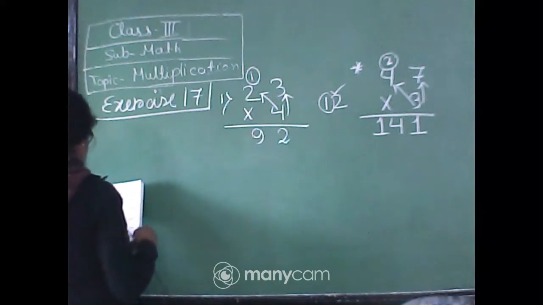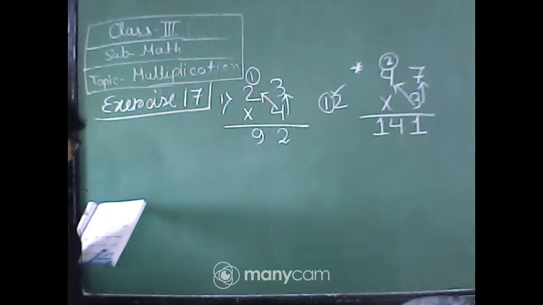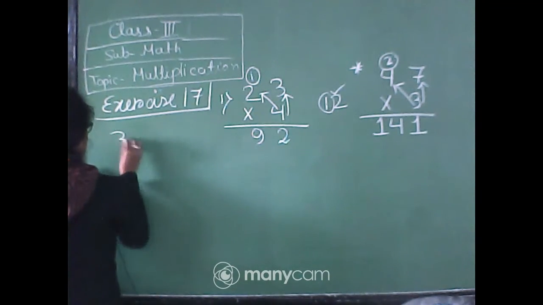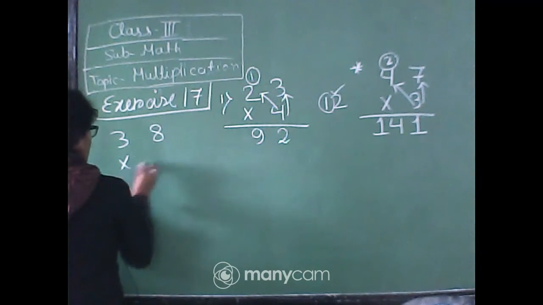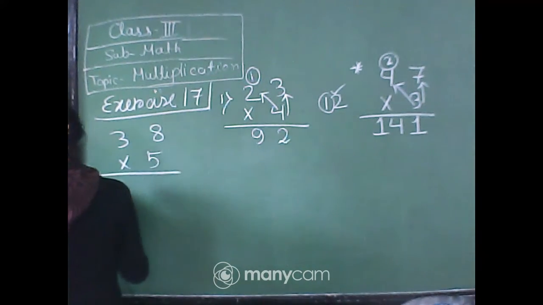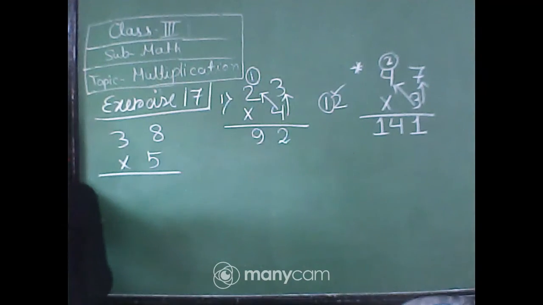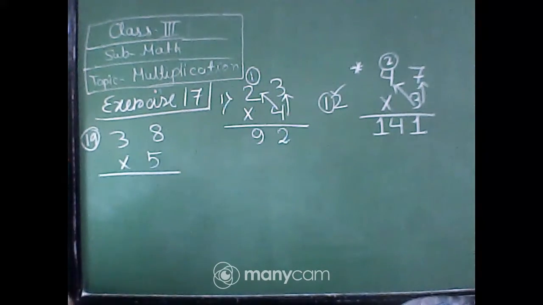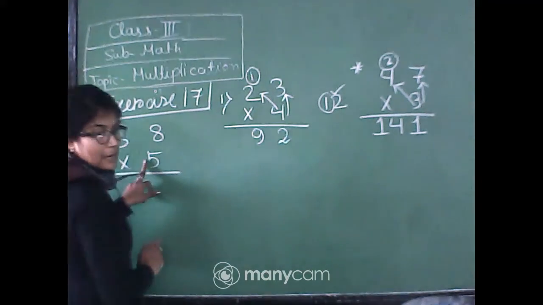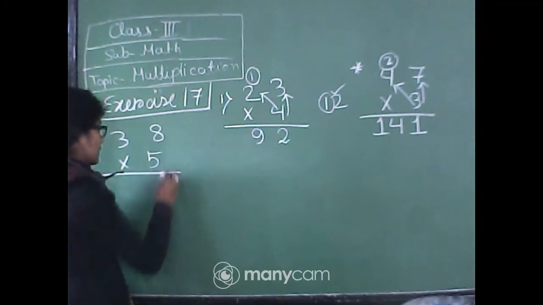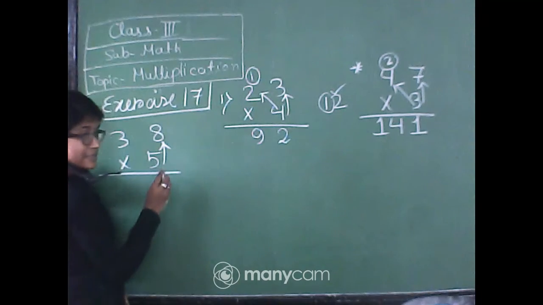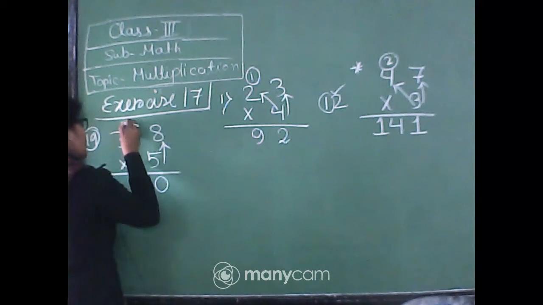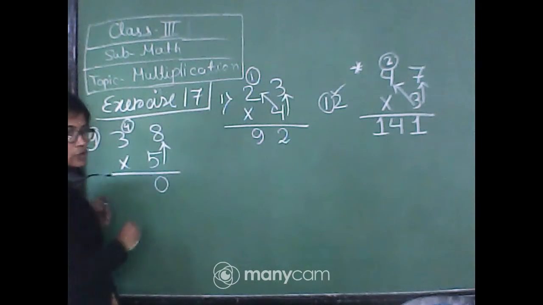Now in the same way, if I say 38 multiplied by 5. See, 38, this is a number 19 math. So what do we have to do, students? The same: we have to multiply this 5 with this 8. So 5 8s are 40. So 0 is there, and 4 will be carried to the next number on top.